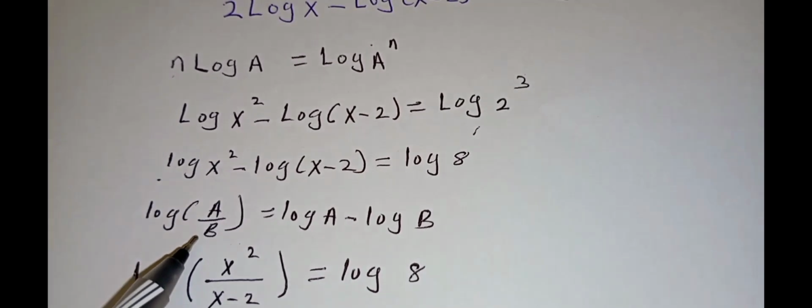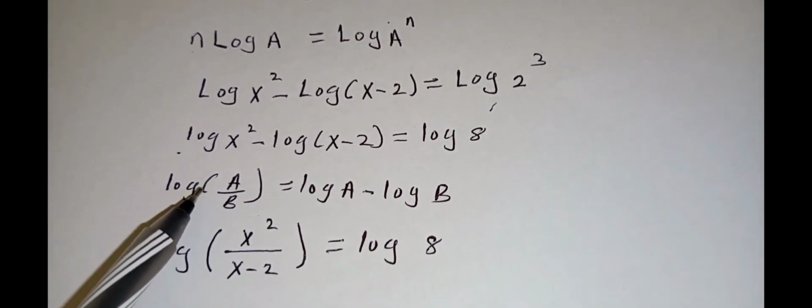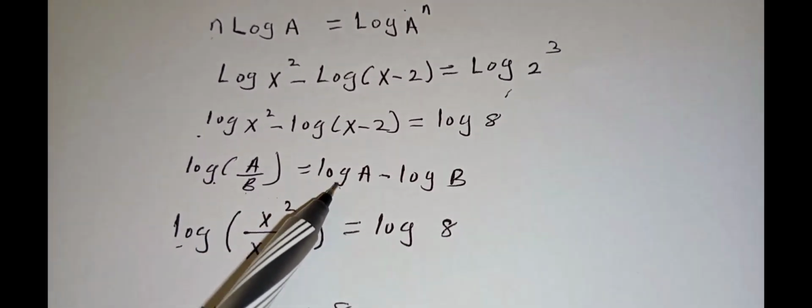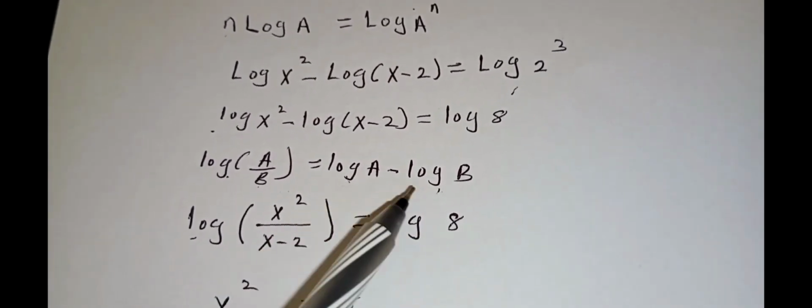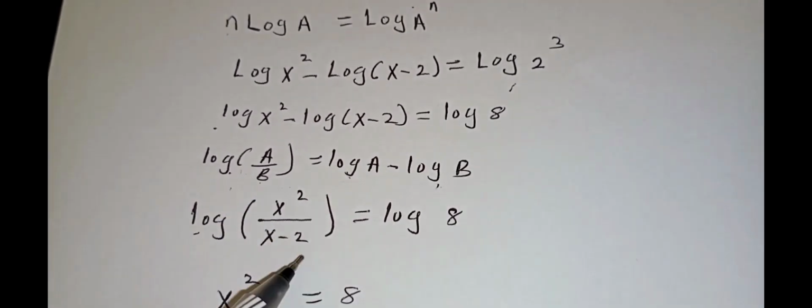Then we have made use of this law of logarithm here, which tells us that if you have log of two numbers divided, it's the same as log of the first number minus log of the second number. In our case, we are given this part, so we have rewritten it as per this left part here.